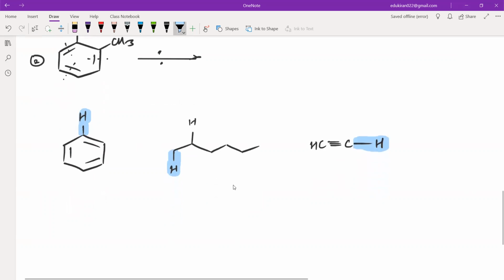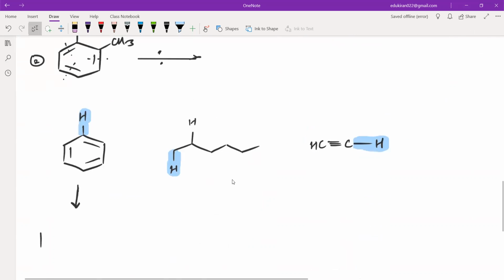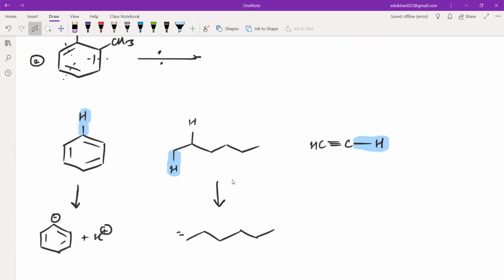What they're asking is which is more acidic, right? So if benzene is going to give an acidic reaction, that means it is going to lose a hydrogen. Correct? Yes or no? Yes, sir. There are two things.